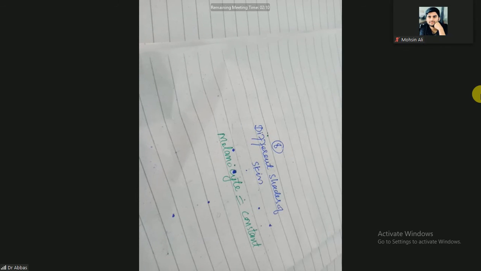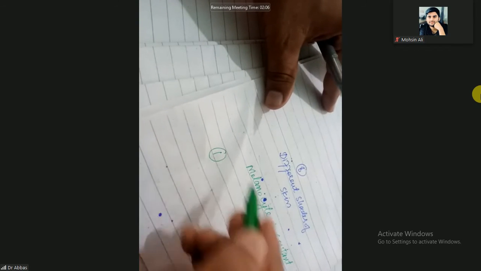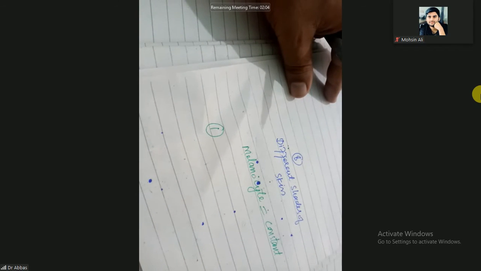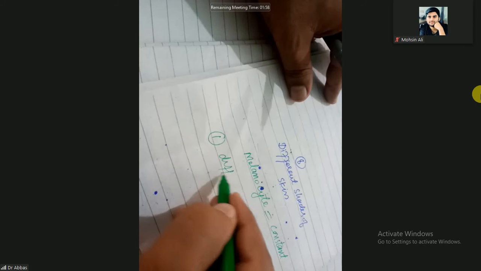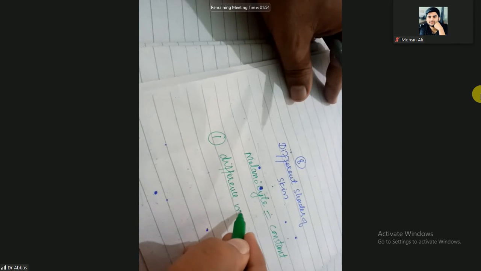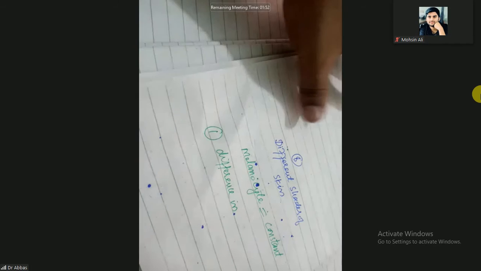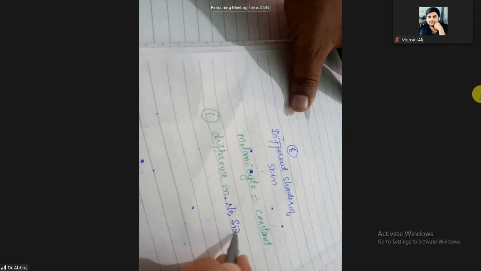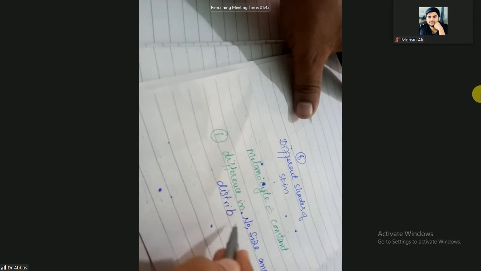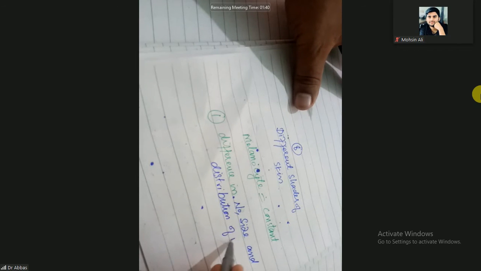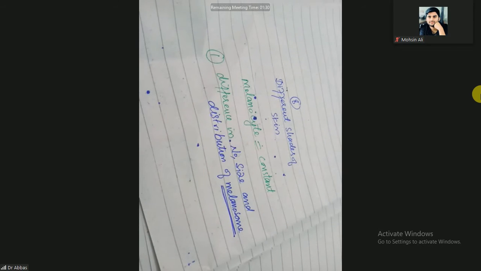These different shades are due to two reasons. One is the difference in the number, size, and distribution of the melanosomes, not melanocytes. Keep in mind, melanocytes are constant.